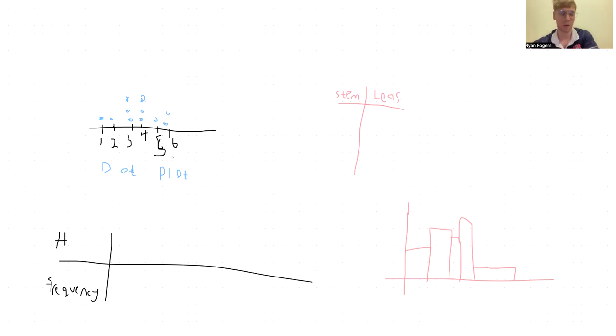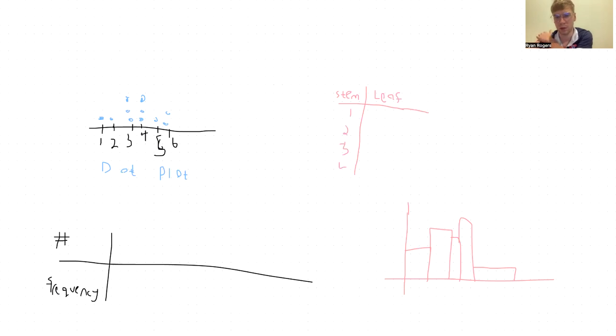Stem and leaf plot, okay? The part people got wrong here, one was not having your key. So the key in a stem and leaf plot tells us what the numbers mean, right? So if I write 1, 2, 3, 4, okay?